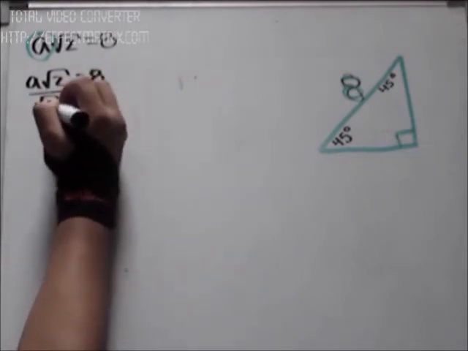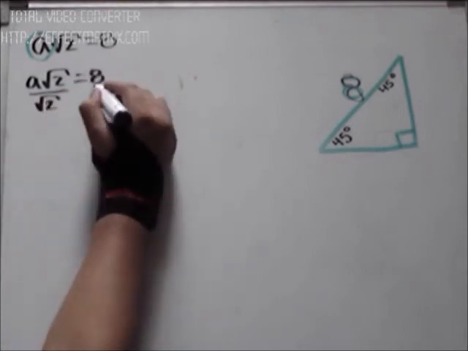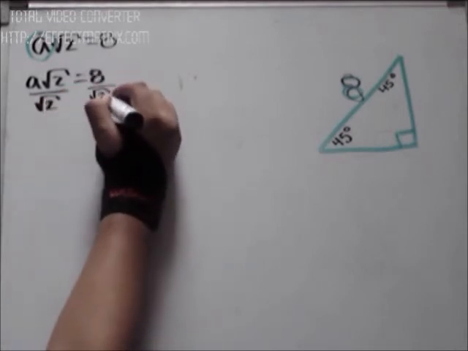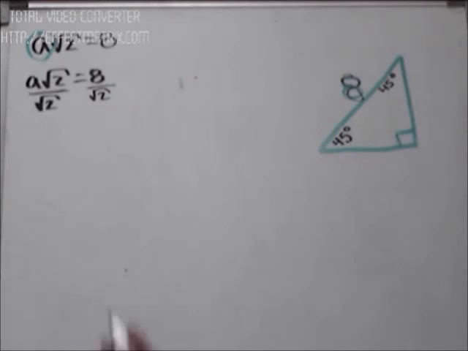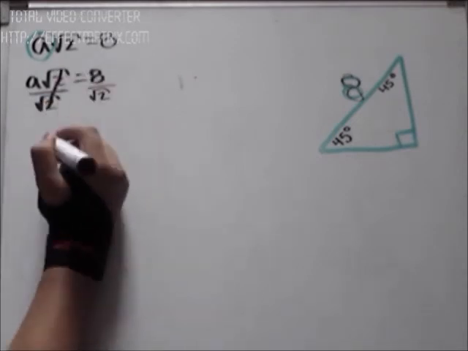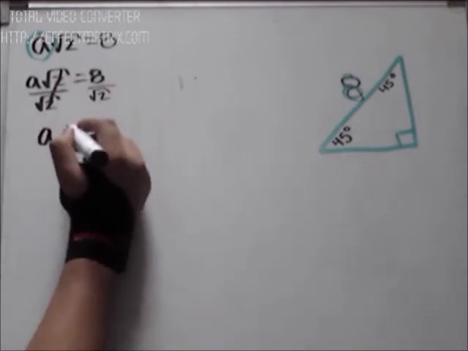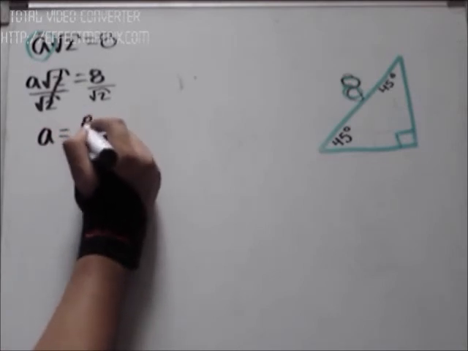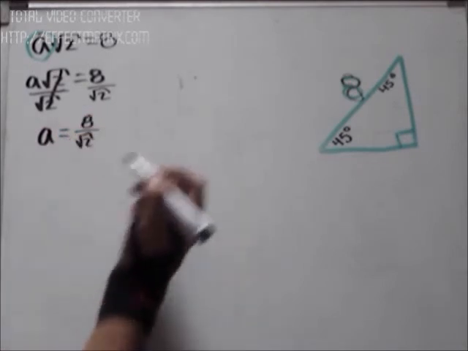We divide by the square root of 2 on both sides, so this will cancel out, and we will be left with A equals 8 over the square root of 2. This is a good answer.